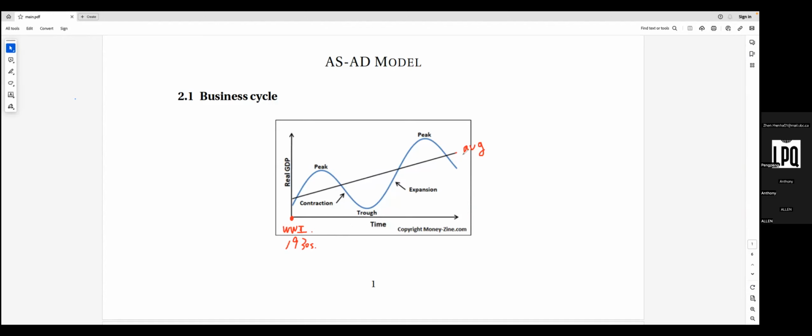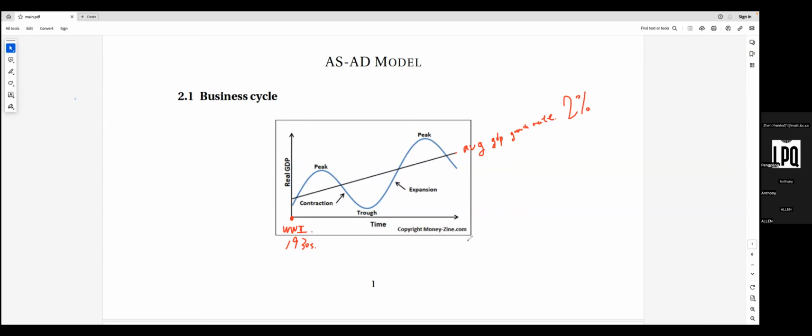And this is called the average GDP growth rate, and it's 2%. 2% represented by this black straight line after the Second World War.